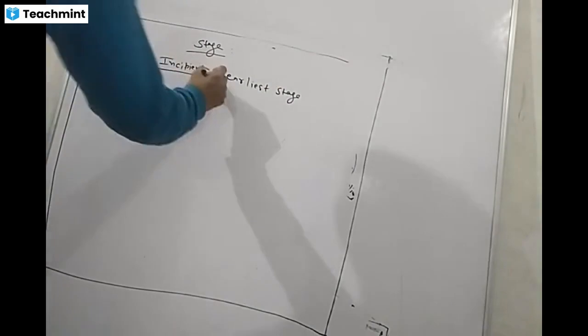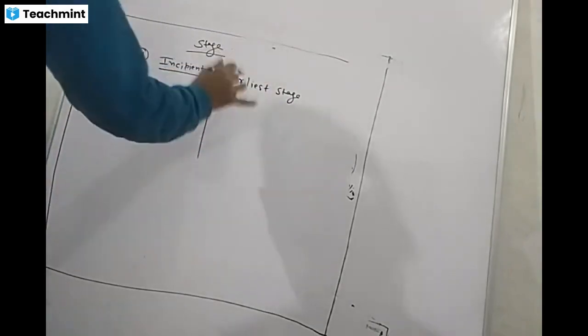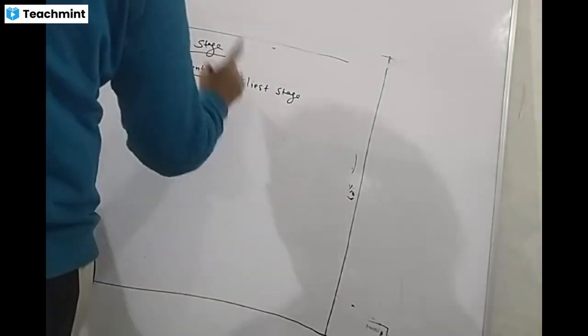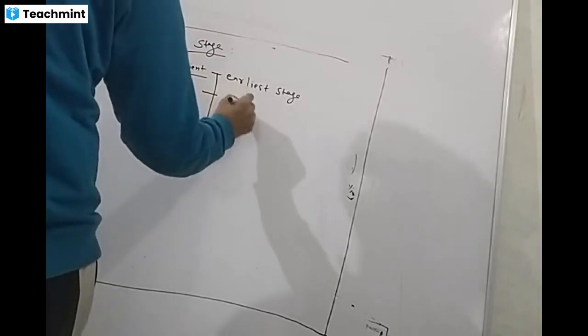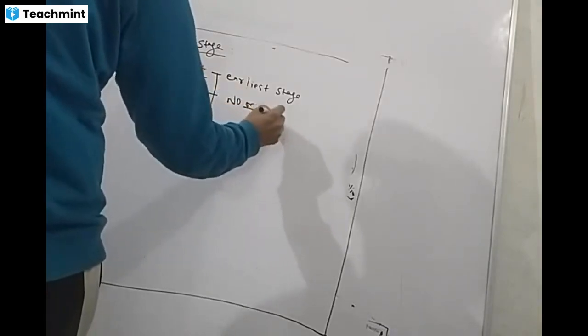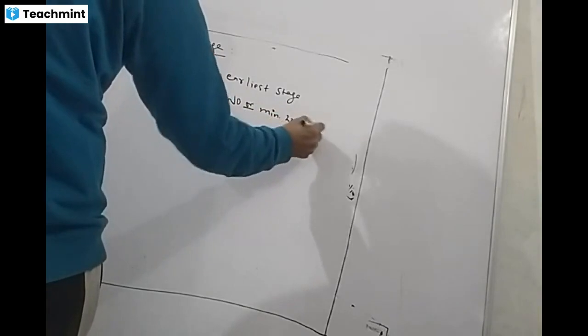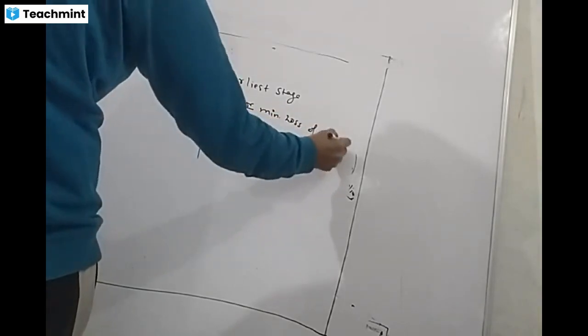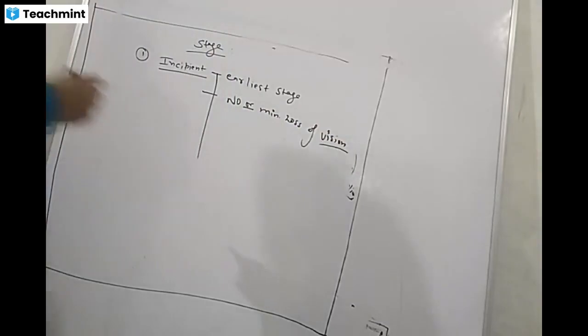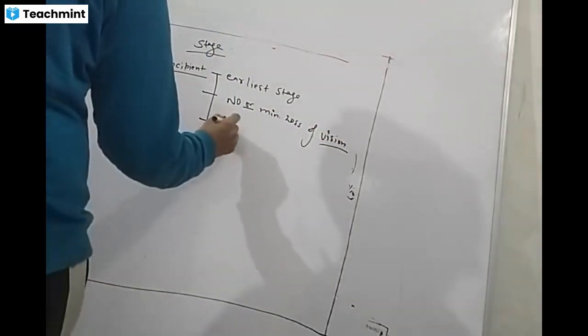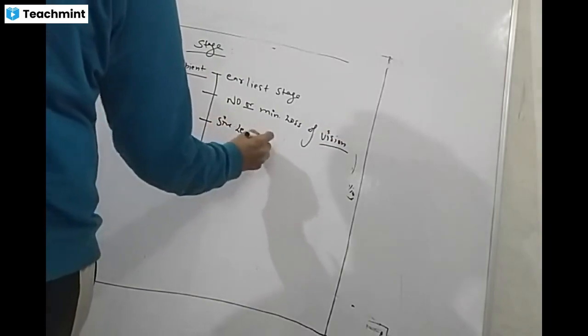Because it is just beginning of the cataract, there is no or minimum loss of vision. The vision is intact or minimum loss. In this, size of the lens is normal.